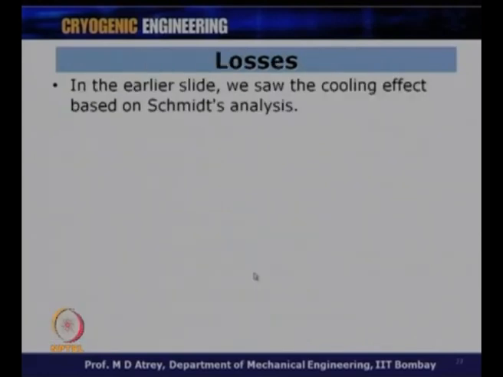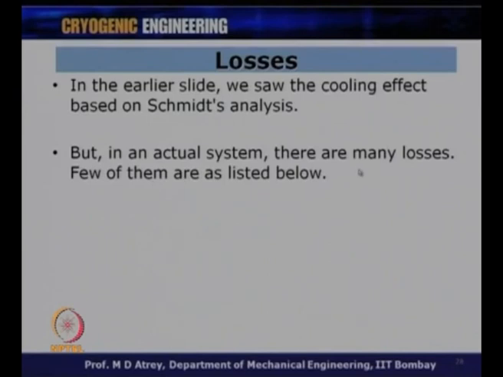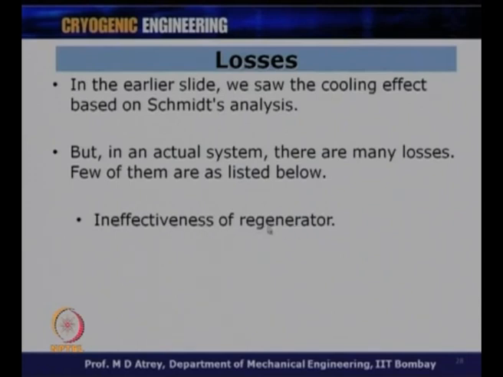Now, there are different losses in the system which Smith's analysis has not taken into account. In the earlier slide we saw the cooling effect based on Smith's analysis, but in the actual case there are many losses as given below. These are the ineffectiveness of the heat exchanger or regenerator, and pressure drop in the system, where we had assumed all pressures to be the same.